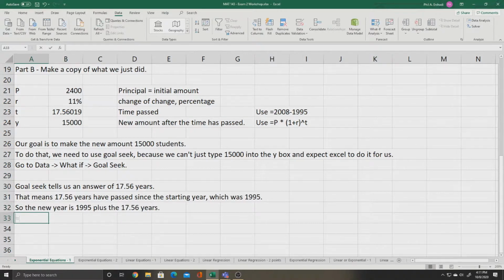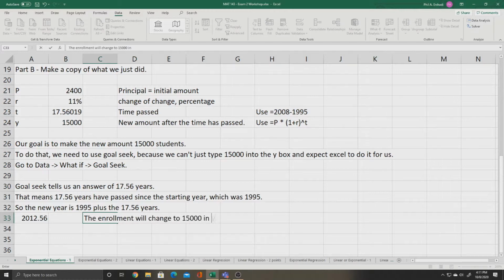So we'll say 1995 plus 17.56. We get 2012.56. So that means the enrollment will change to 15,000 in the year 2012.